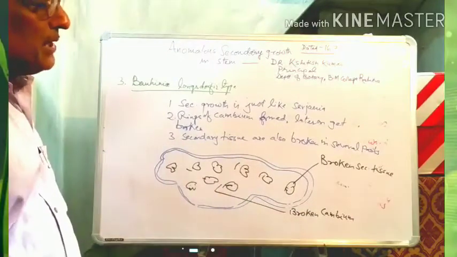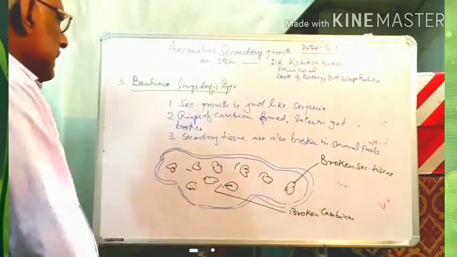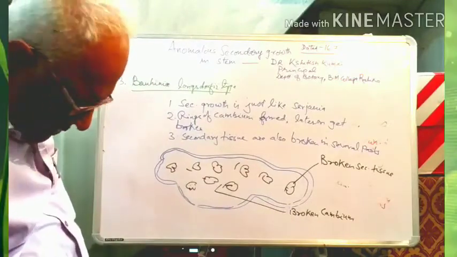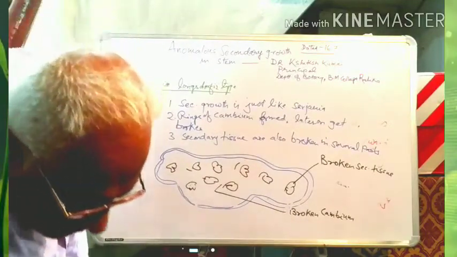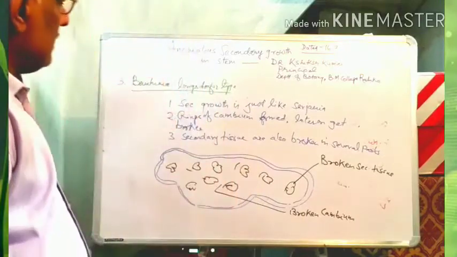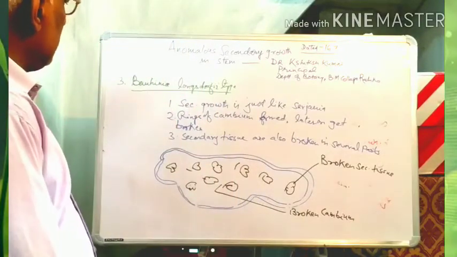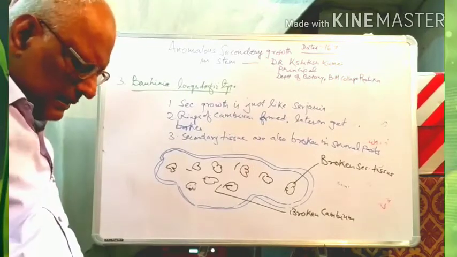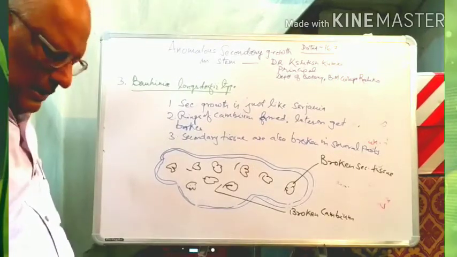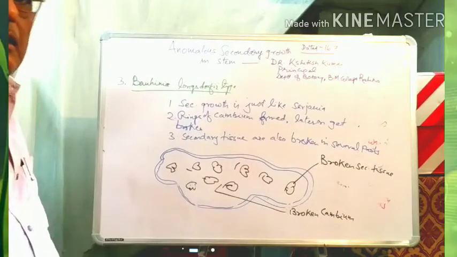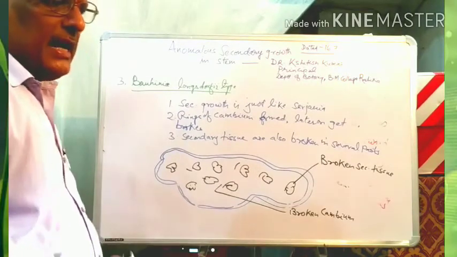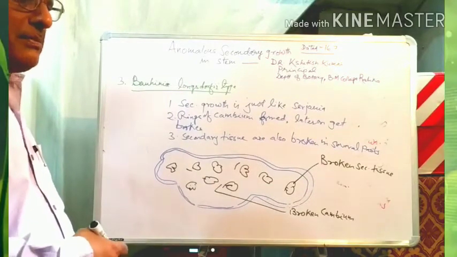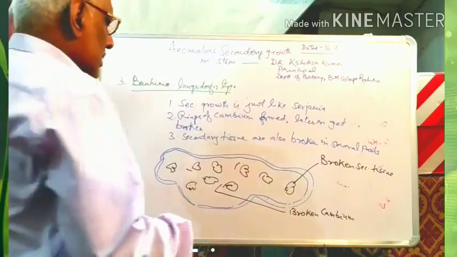In the adaptive type, in the first the position of cambium is normal, and in the second case the cambium is found at an abnormal position, and its function is also abnormal.